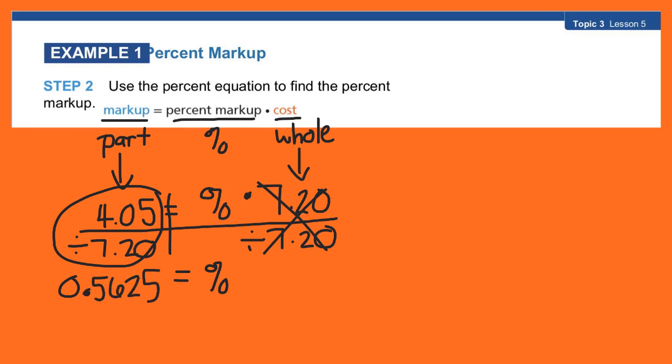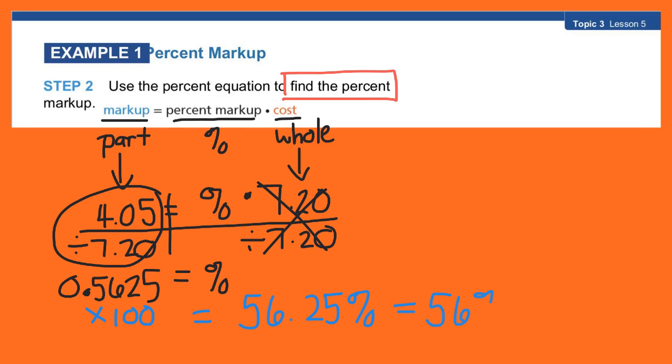But I want to remind you of something. Last lesson, when they ask you to find the %, you have to do one extra step. You have to multiply by 100. So the actual answer is 56.25%. If I were to ask you to round that to the nearest whole %, it would be 56%.